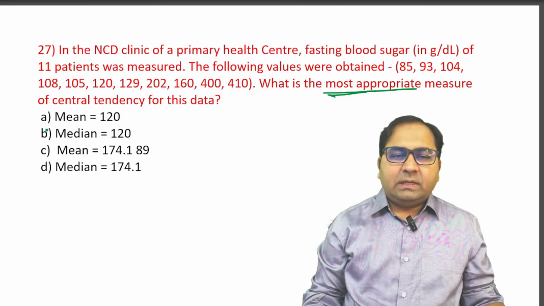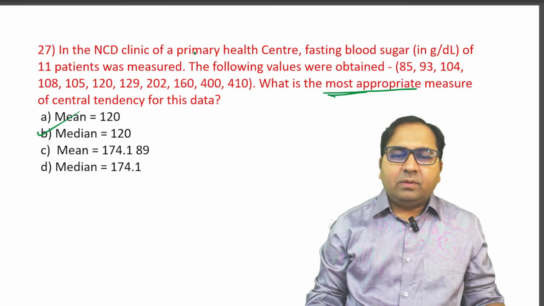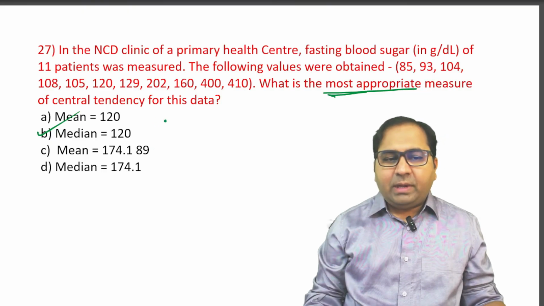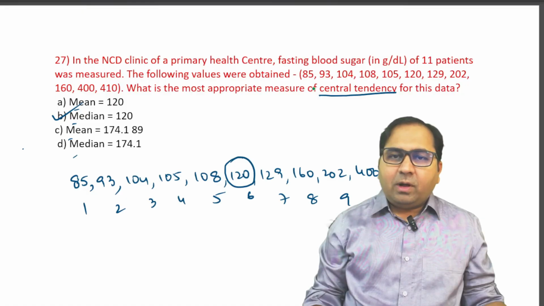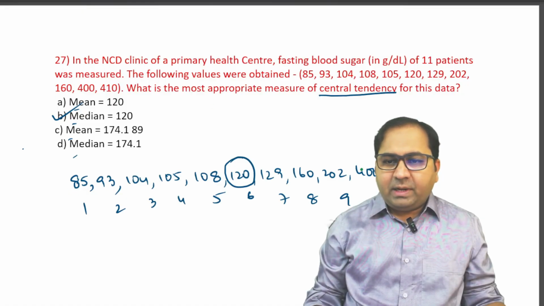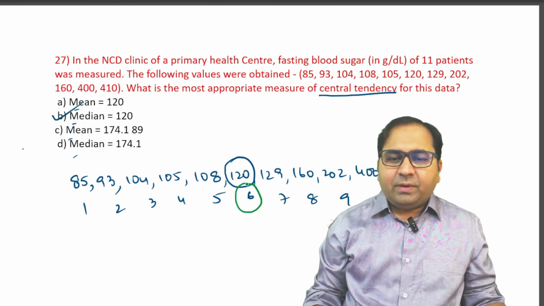The answer for our question is B, median of 120. 120 fits into this question. How it came, now let us see. For median, you put all the numbers in ascending order from 85 to 410. I have put it already. And then the median value is 120.